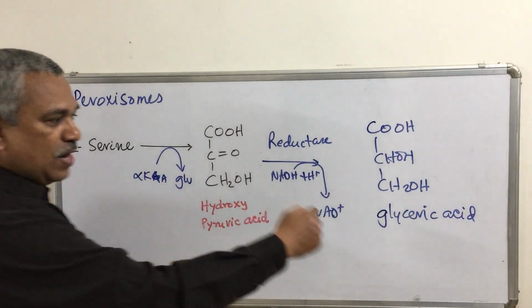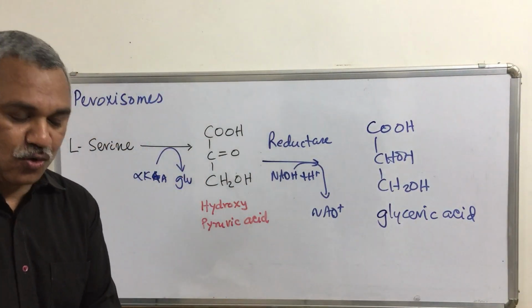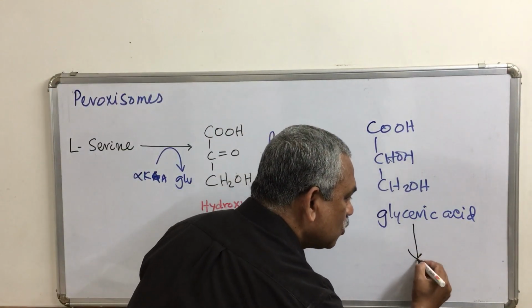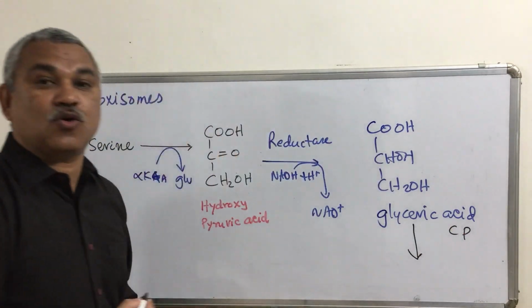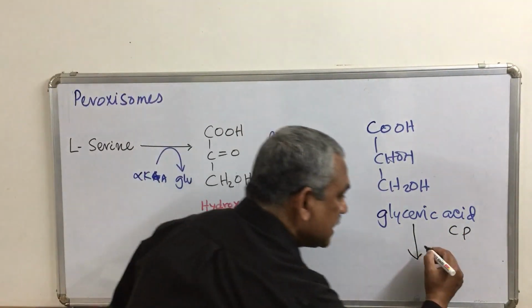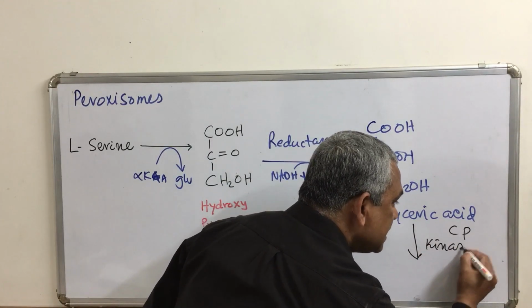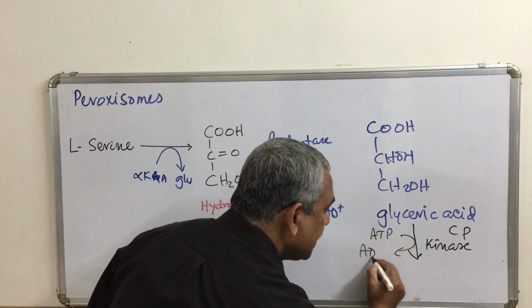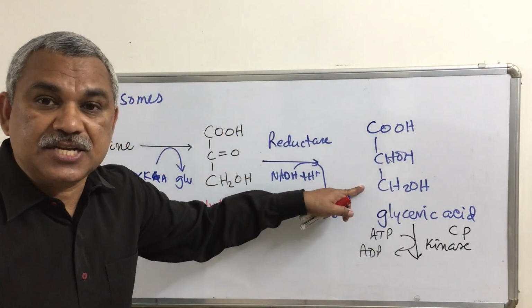Once the glyceric acid comes into the chloroplast, the last step happens. The last step in the chloroplast. So there is a kinase enzyme, glycerate kinase, that will break an ATP, and inorganic phosphate is added to this one.